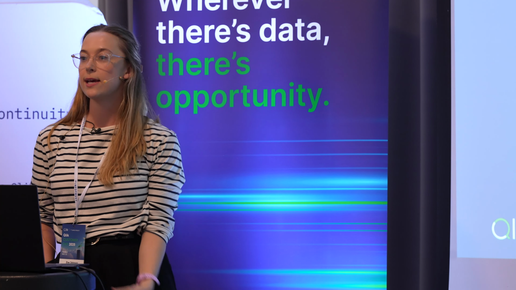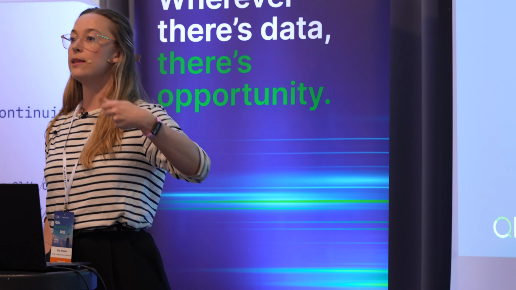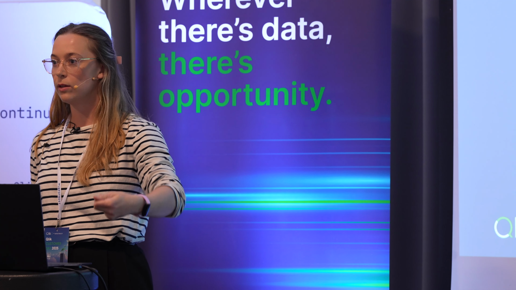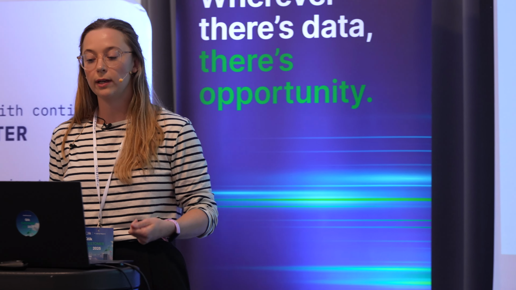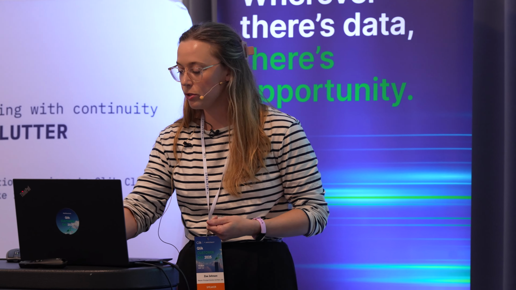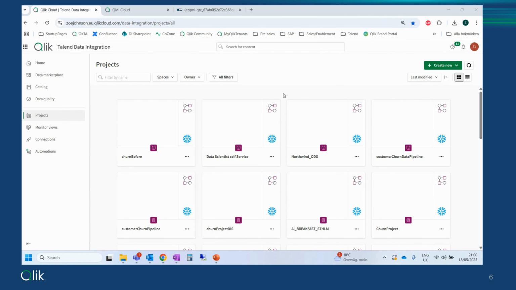But we have to look right back at the left-hand side and say, okay, which data is needed for that? And how can I put that into a format that then can be used to answer those questions? So let's first create that data that needs to then be ready to do machine learning on. And I'm going to do this with, of course, Qlik Talend Cloud.